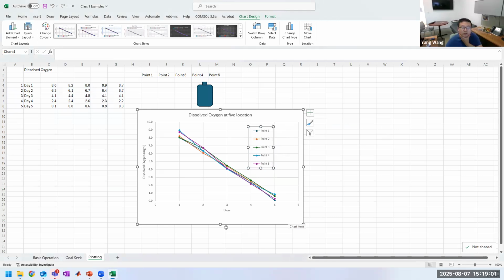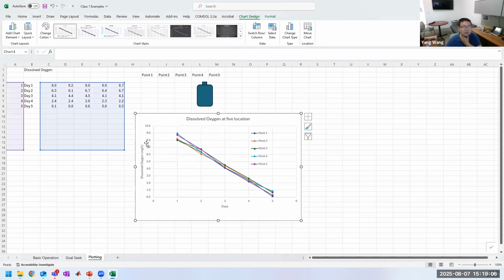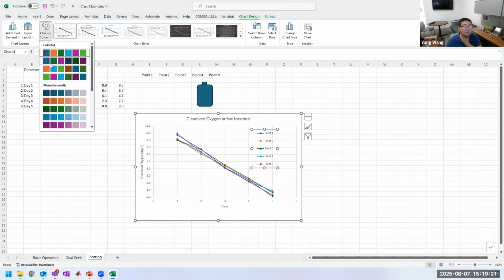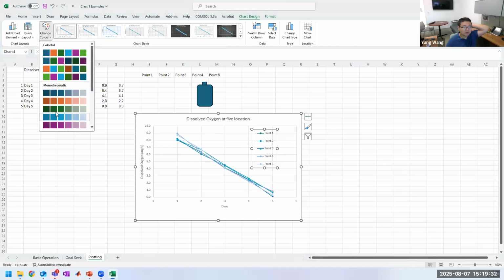Okay, another thing you can notice is that the font here looks too small, right? And also the line colors are sort of difficult to tell apart. So you can change the colors by, for example, using monochromatic, so you can change to different sets of colors.